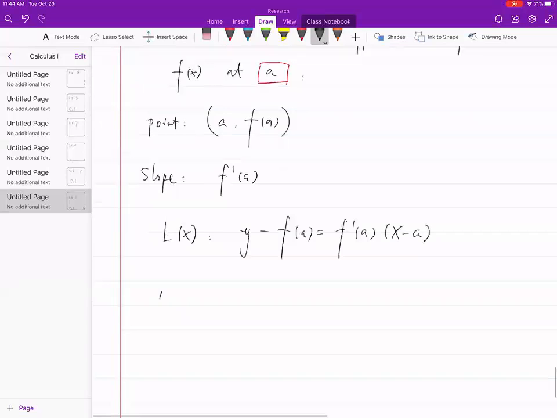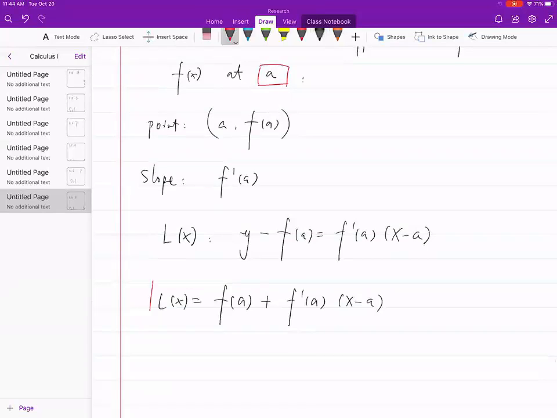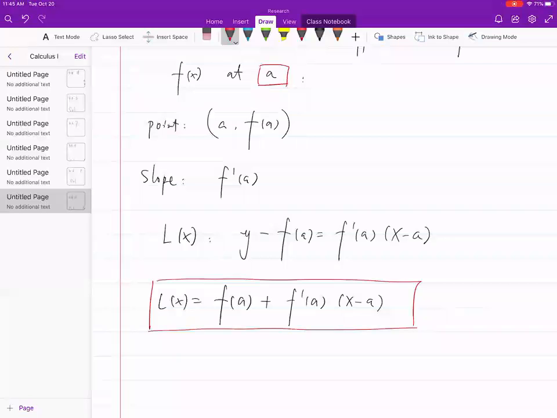Or more precisely, L(x) equals f(a) plus f'(a)(x minus a). That would be the formula for linear approximation. You can either memorize it, or you just simply do the finding tangent line exercise, and they produce the same answer.